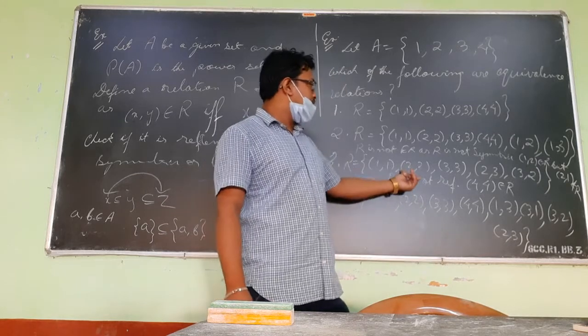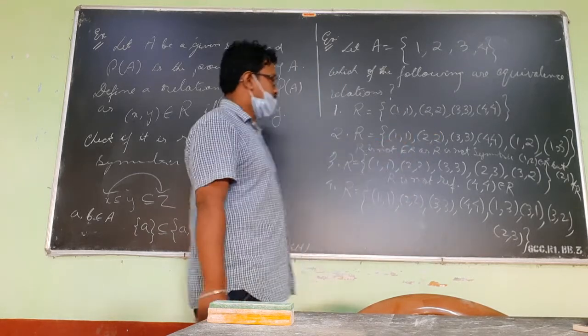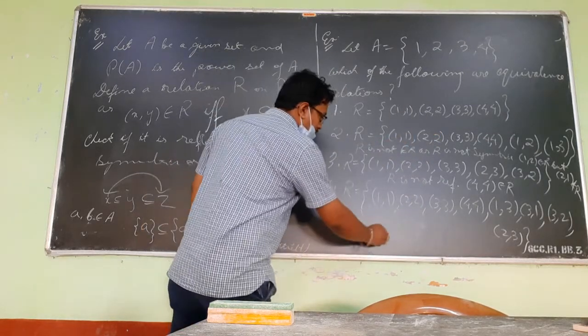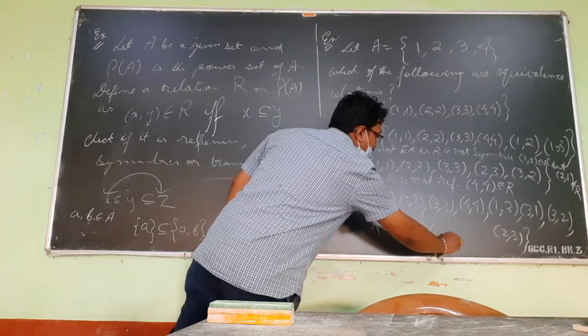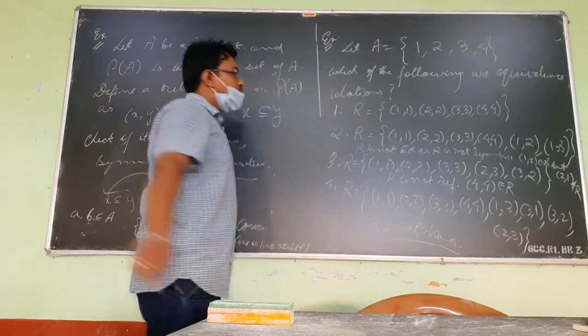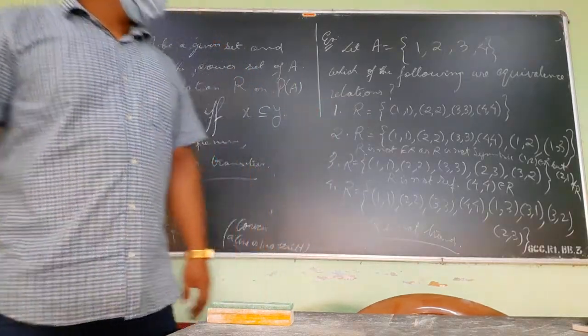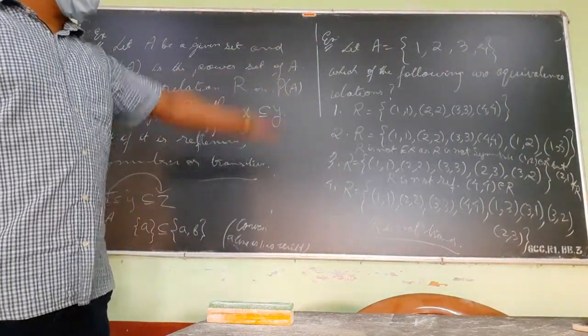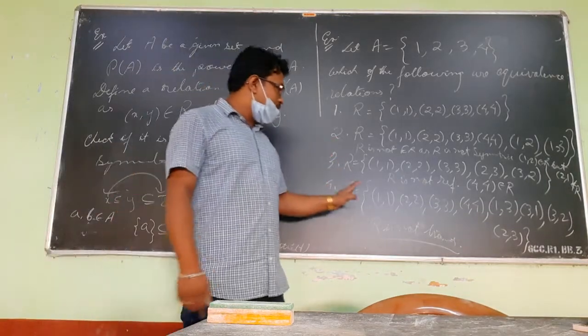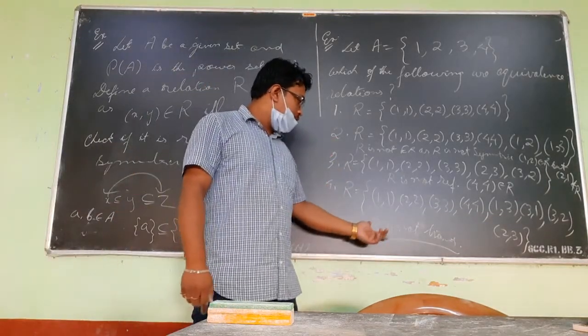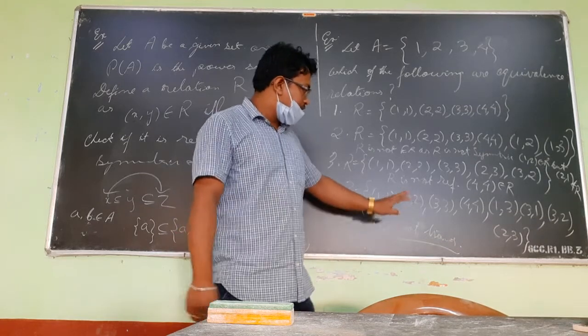The earlier one was not reflexive, that was not symmetric. So here R is not transitive. You have to understand. We can create thousands of examples like that. If you learn by heart, you will not be able to answer. You have to understand the concept.